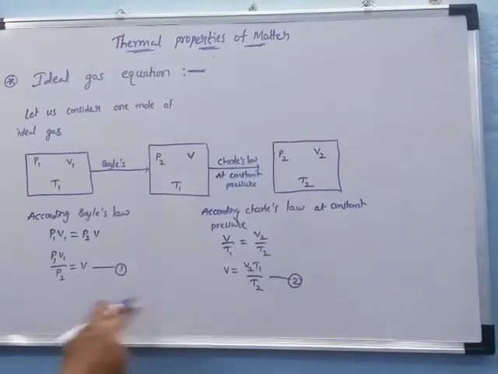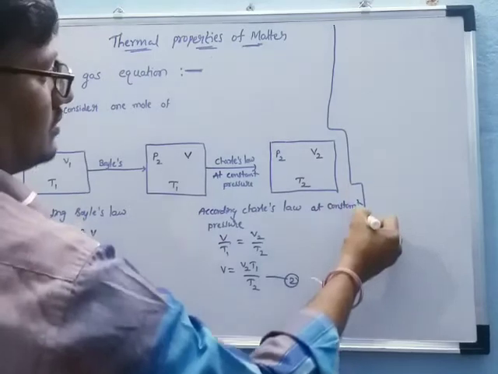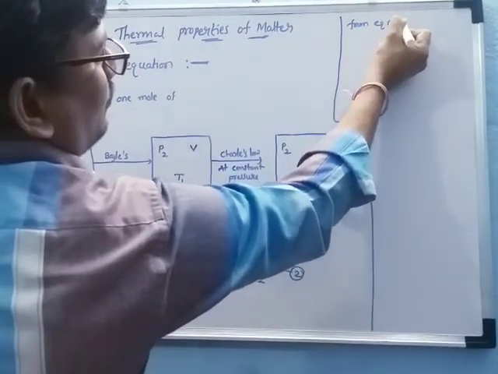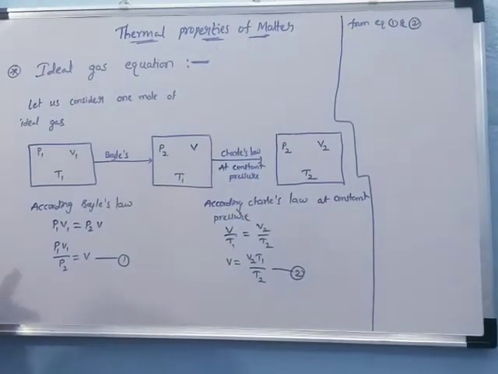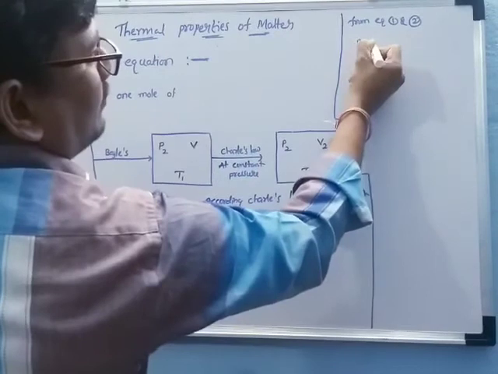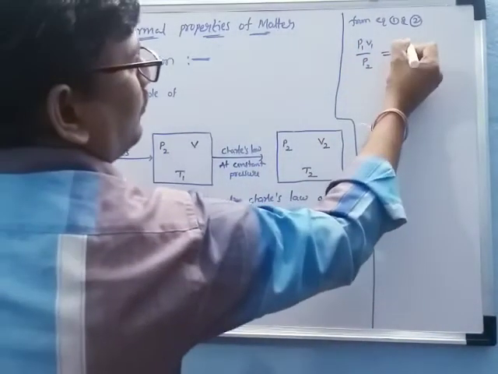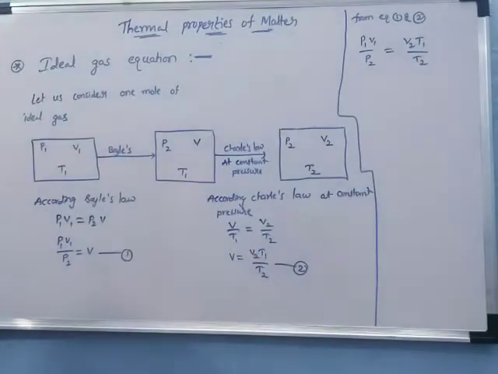From equation 1 and 2, both are equal to the value V. So we can write P1 V1 by P2 is equal to V2 T1 by T2.